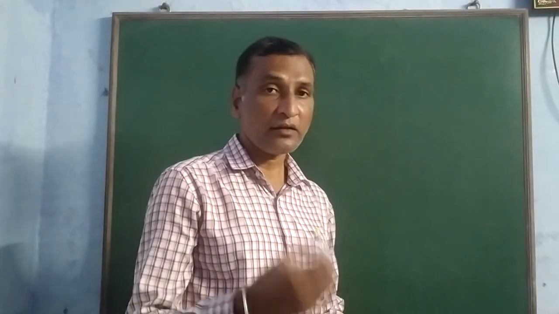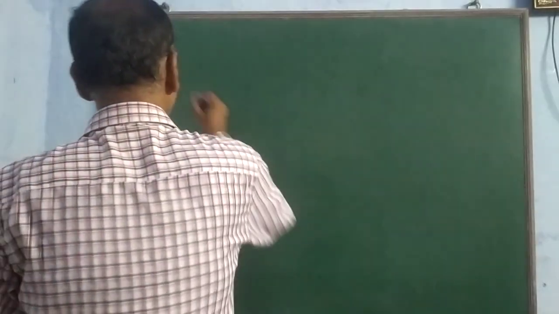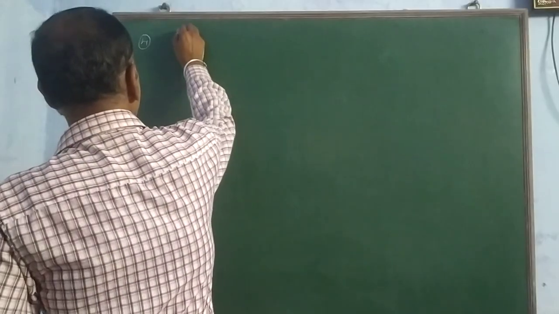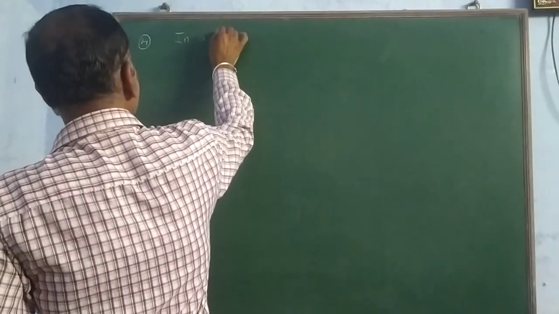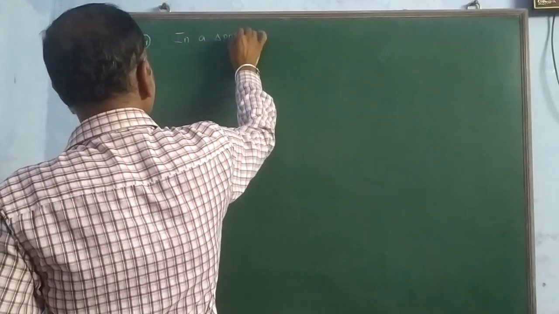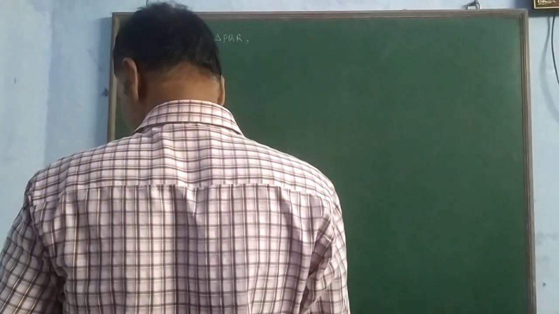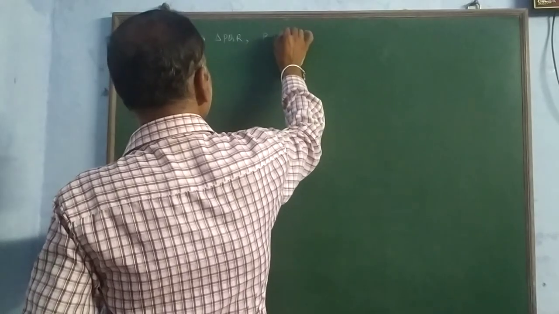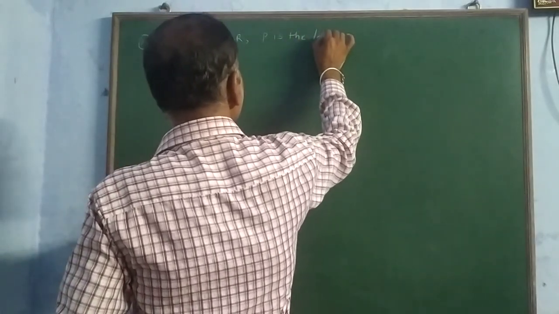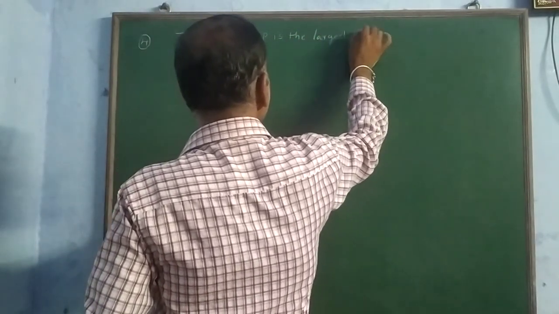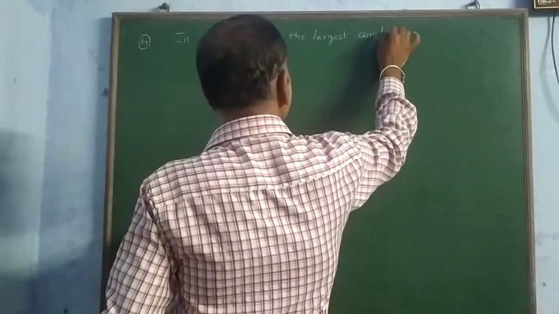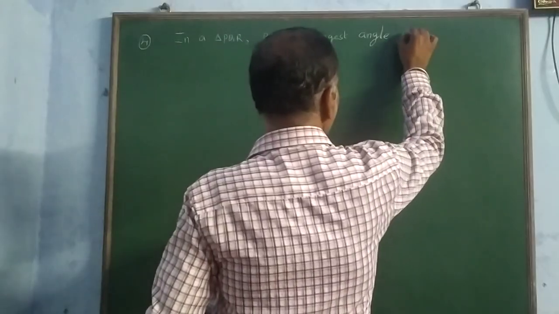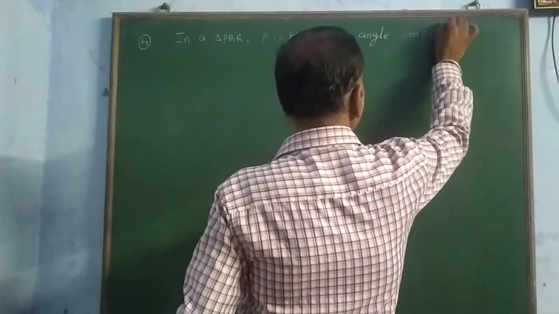First of all, we can write the next question, question number 4. In triangle PQR, P is the largest angle, and cos P equals 1 by 3.